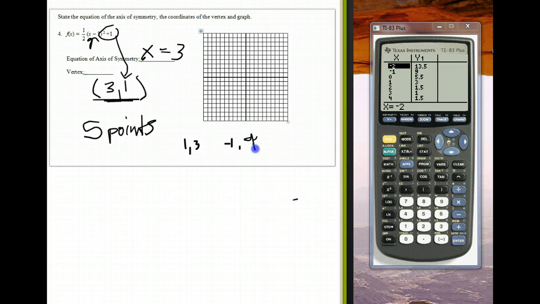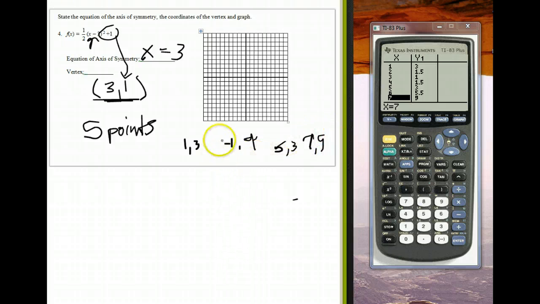Alright, that's going one direction. Remember, now you've got to go the other direction. So I've got 3, 1 in here, and I've got to pick 2 more. I'm going to pick 5, 3, and I'm going to pick 7, 9, looks like.